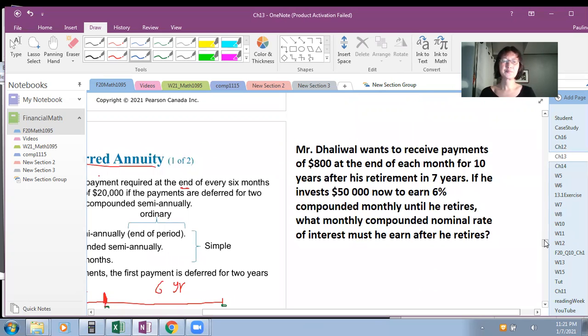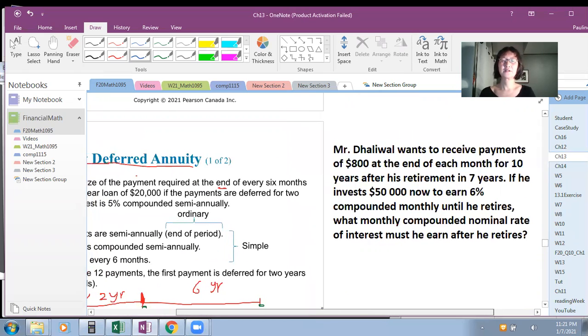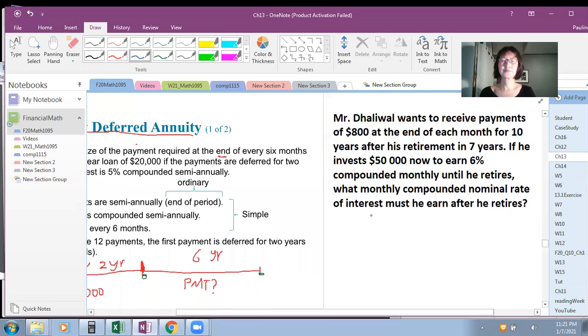This one here is the last question in this lecture. This is about computing the nominal rate. Mr. Daliwa wants to receive payments of 800 at the end of each month for 10 years, after his retirement in 7 years.